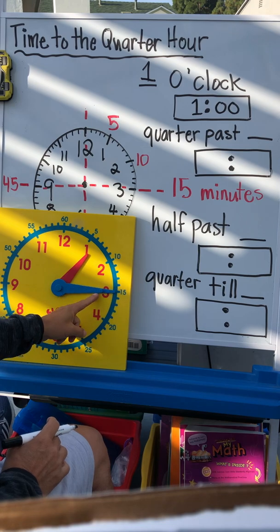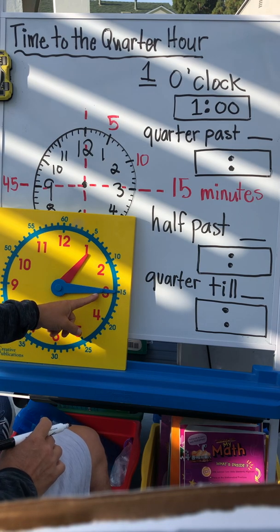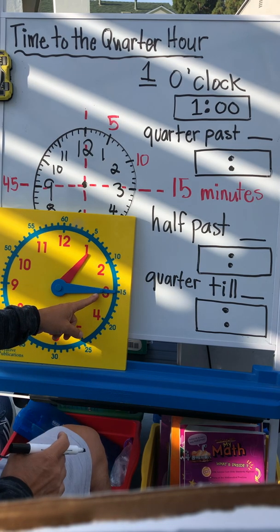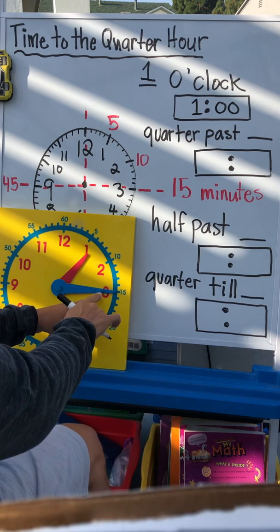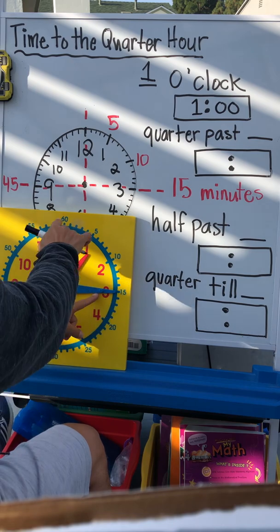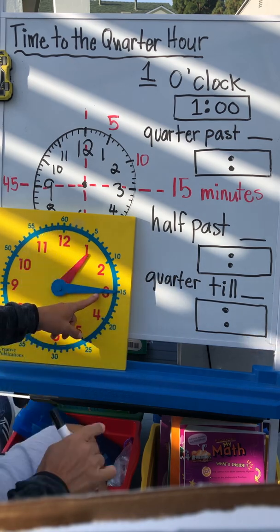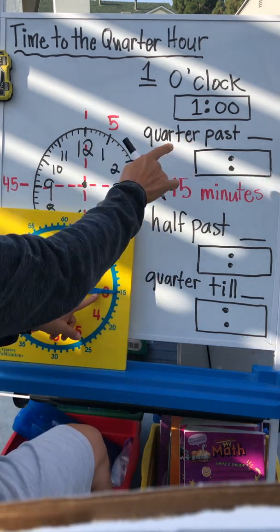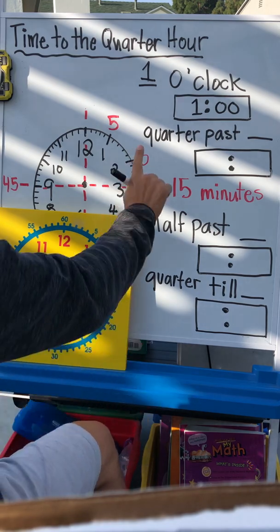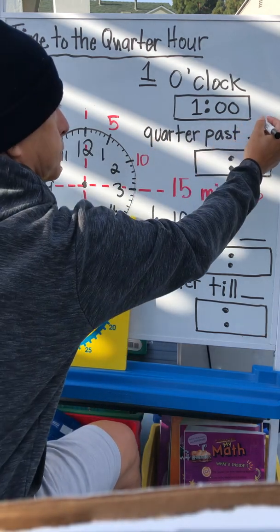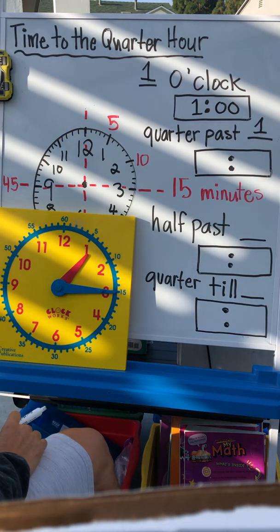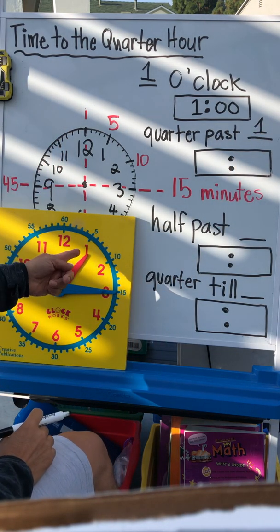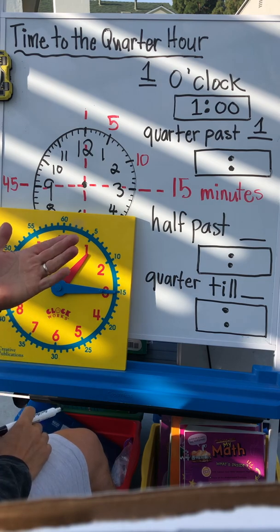Sometimes it doesn't stick, so I'm going to put my finger there. So what time is it now? What we say when we want to tell the time is right now it is a quarter, 1/4 past 1. So I'm going to write that here. 1/4 past 1. Okay. Now, how do we write a 1/4 past 1? Well, we write it this way.